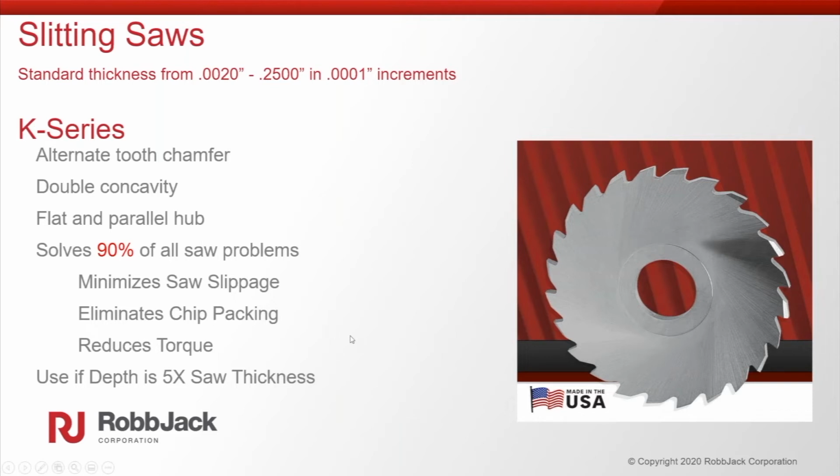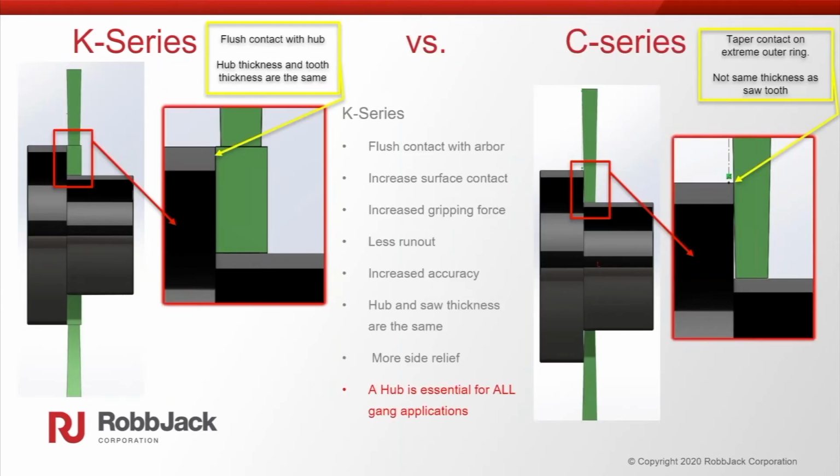So it solves slippage problems and chip packing, and it reduces the torque. And anytime you're using a saw going about 5 times its thickness in depth, or even 3 times its thickness in depth, it's a huge advantage to use the new technology.